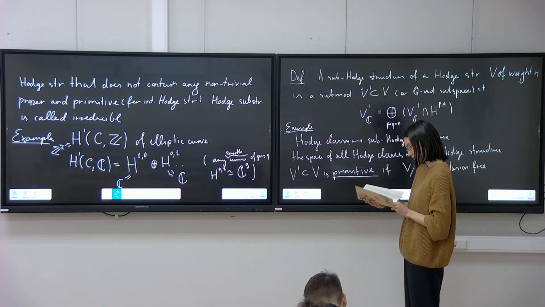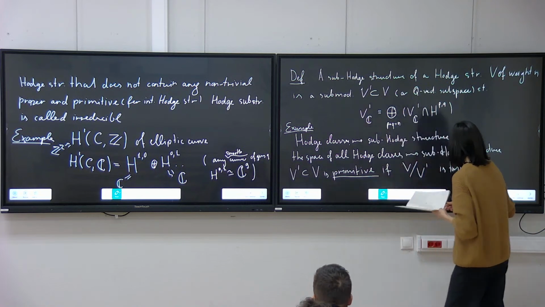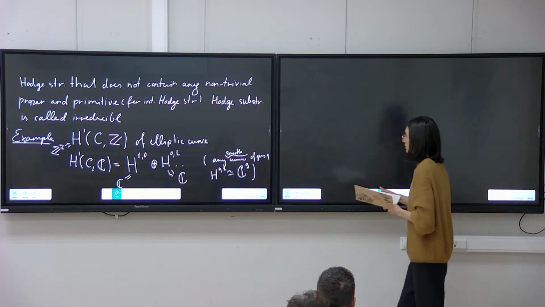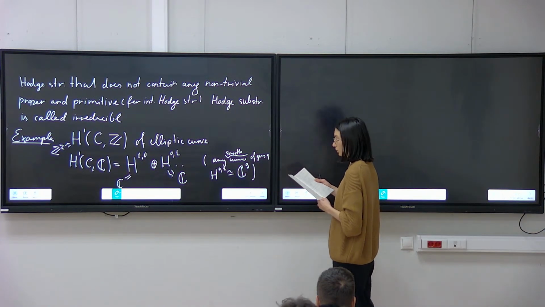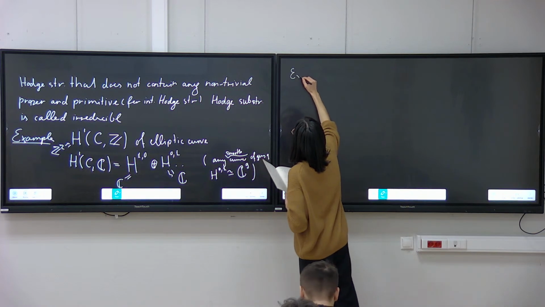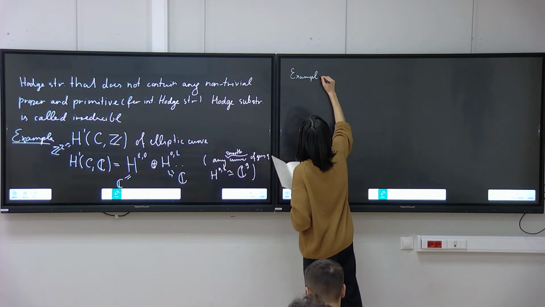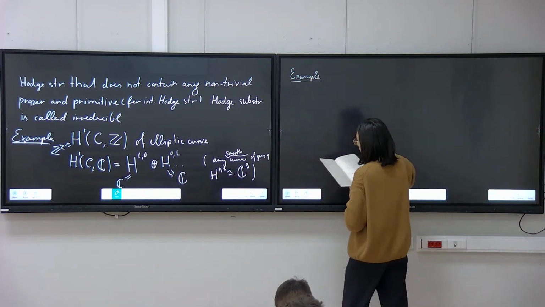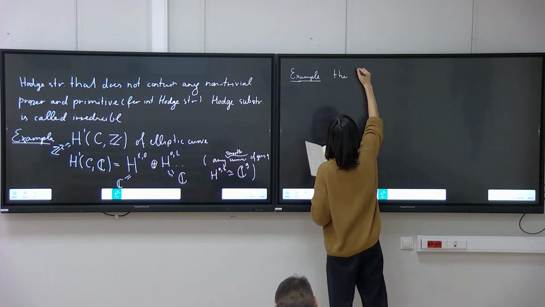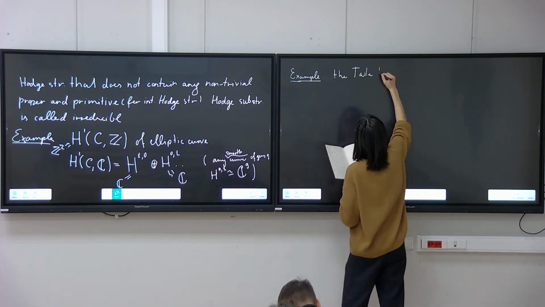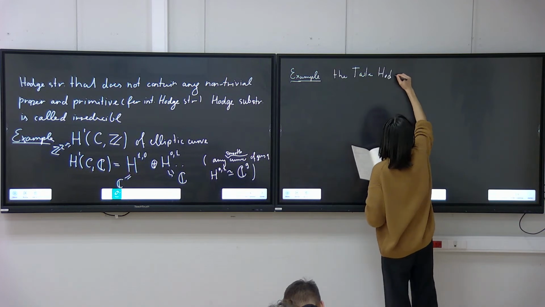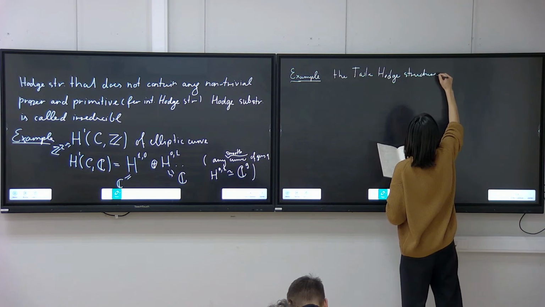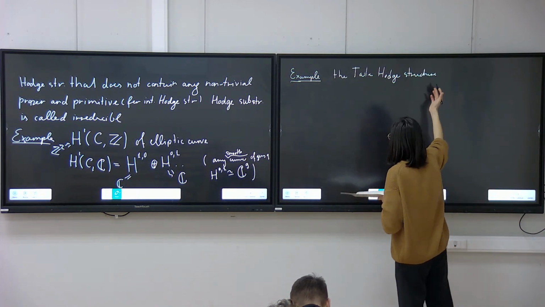And now let me give, at first glance, a bit strange example of a Hodge structure, but in fact it is used everywhere. This is the so-called Tate Hodge structure. Of course, it will also be irreducible.